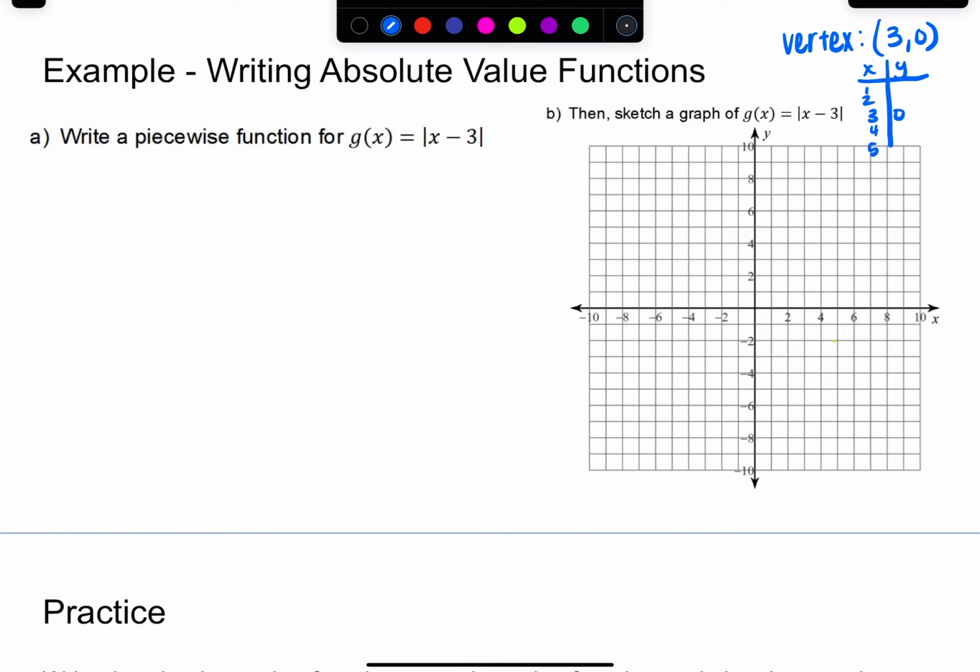Okay, so when I plug in, absolute value of 1 minus 3, it's going to be positive 2. Absolute value of 2 minus 3, it's going to be positive 1. And then we mirror. And if you need to work it out, work it out. All right, so we plot our points, vertex at 3, 0, 2, 1, and 4, 1, and then 1, 2, and 5, 2.